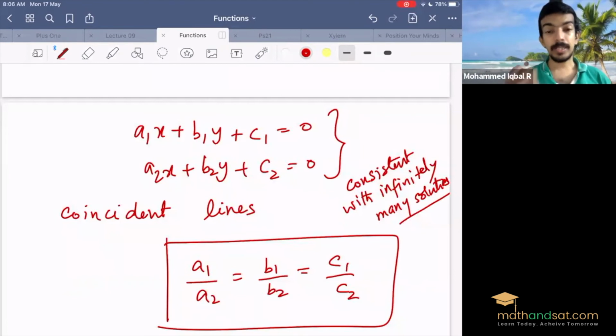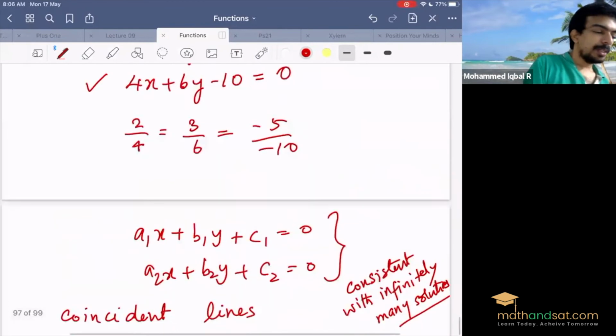It can be a unique solution, or infinitely many solutions. Anyway, we will see that in a system of linear equations in two variables, there will be only three cases: infinitely many solutions, no solutions, and a unique solution.